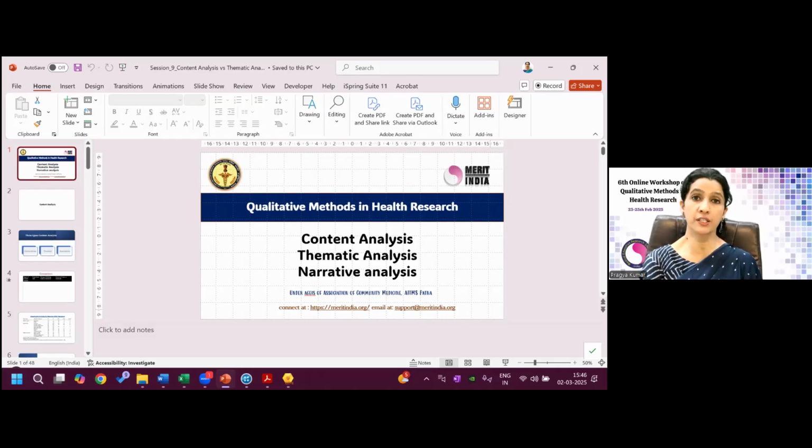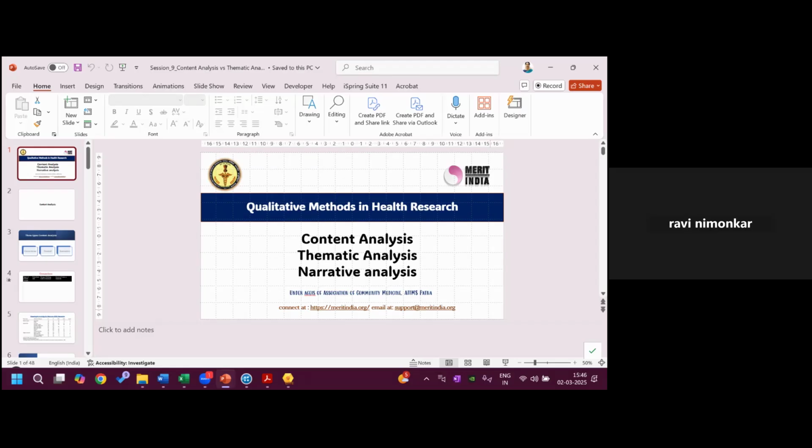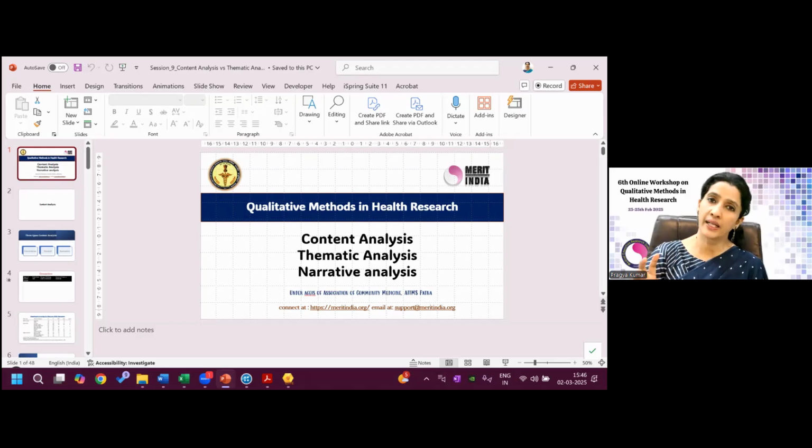In phenomenology, when you select the sample, you are very clear that the person has undergone that lived experience. Ma'am, we can carry out the evaluation of the health service center by means of a descriptive qualitative design. Descriptive qualitative is more suitable.